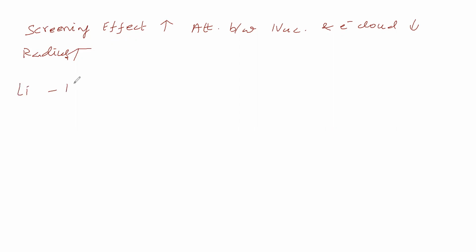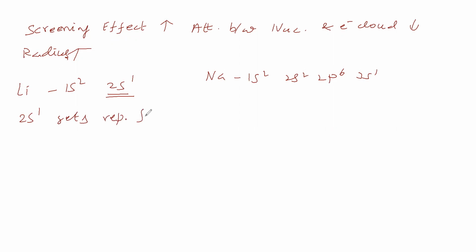Now the lithium configuration is 1s2 2s1. The sodium configuration is 1s2 2s2 2p6 3s1. So in lithium, the outermost shell is 2s1. So 2s1 gets repulsion from 1s2. So 2s1 gets screening from 1s2.